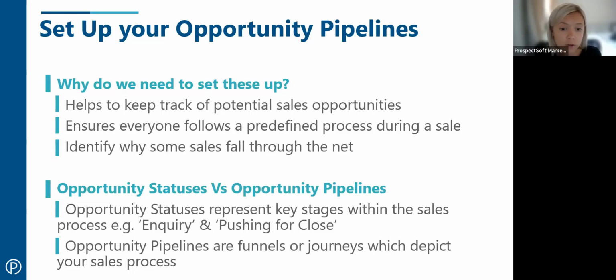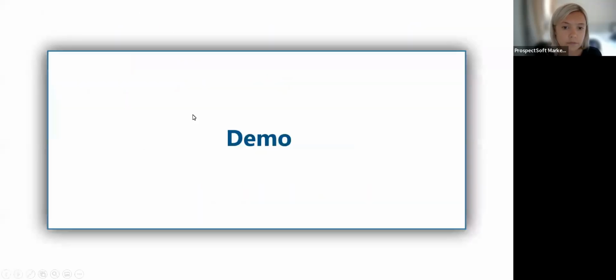So they will include those opportunity statuses, so you can see clearly where you are within the process. So that's the main difference between the two. You've got to have both of those set up in order to have a successful pipeline. So what we'll do is we'll head on into our CRM and actually take a look at all of this in action.